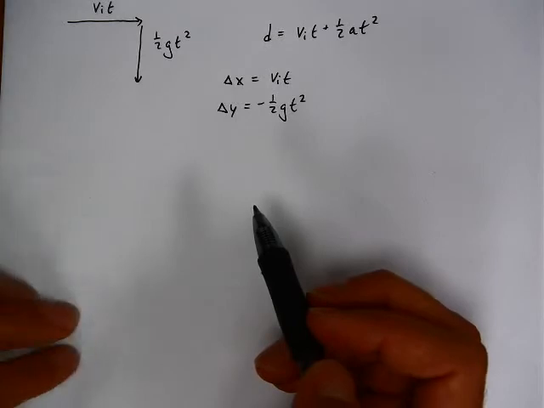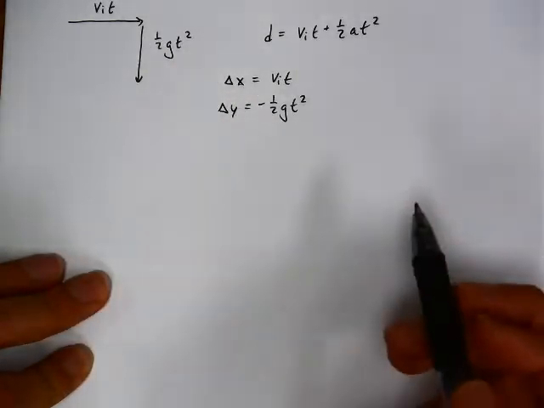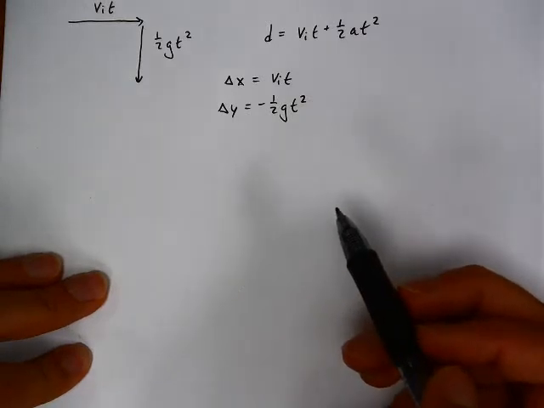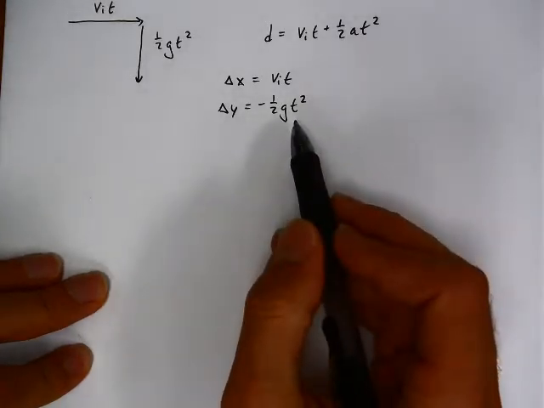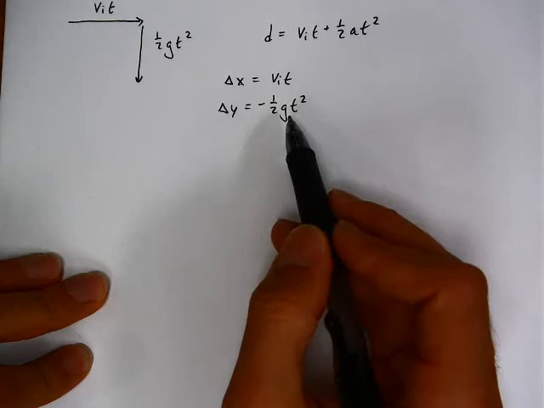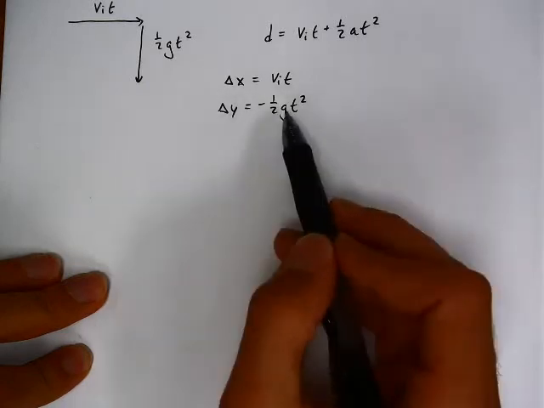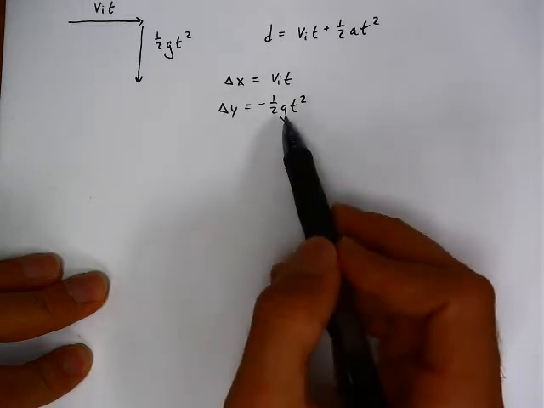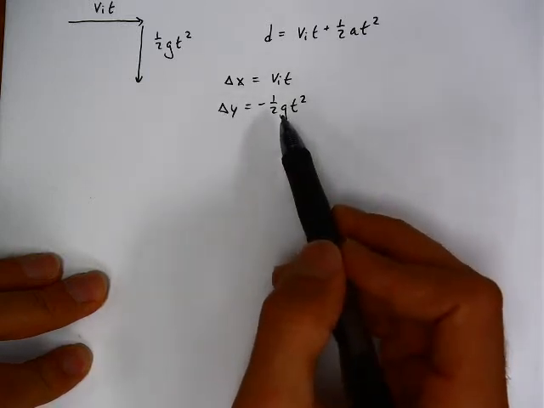A common question when analyzing projectile motion is how long does it take the projectile to hit the ground? Here we would solve for t. In the second equation, the y equation, because this equation, the vertical motion, determines when the object hits the ground or comes to rest.